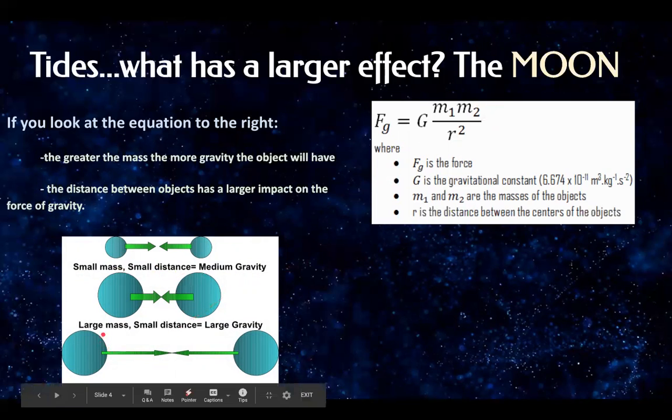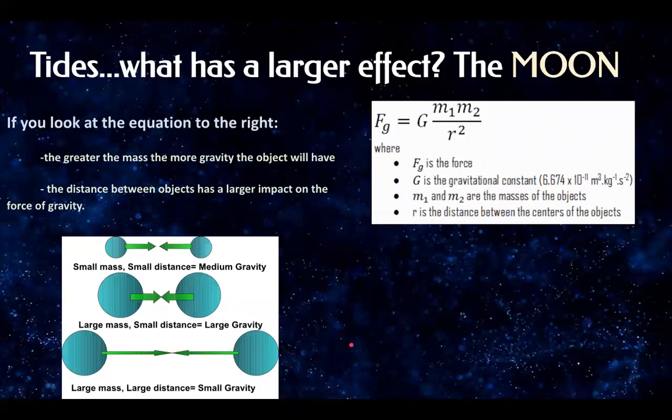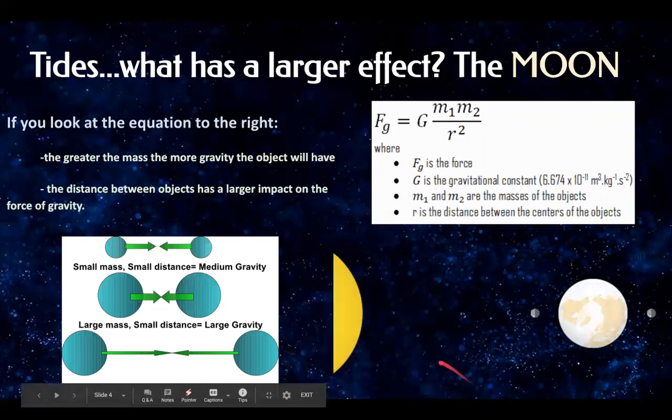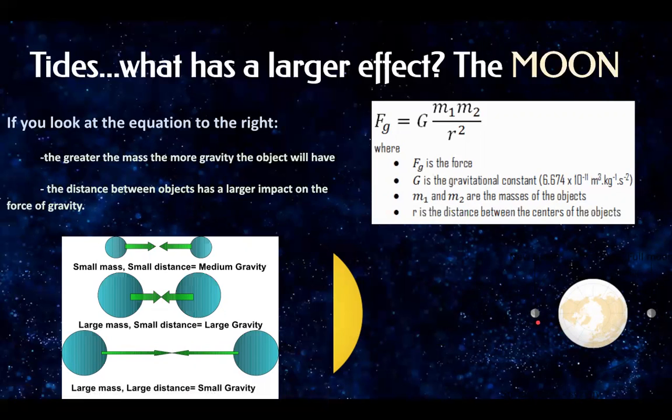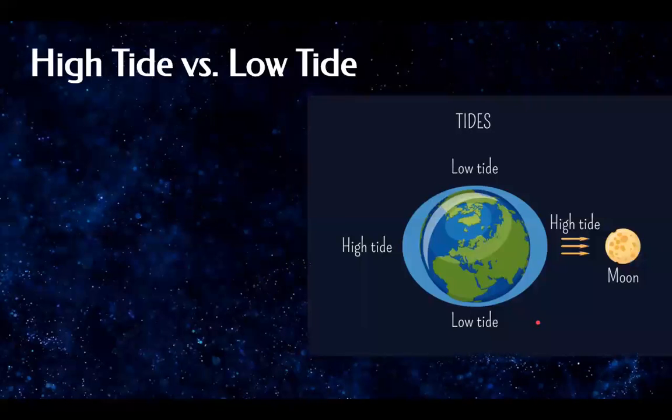If you have a large mass and a small distance, huge gravity. But if you take large masses and you spread them out, that distance plays a larger factor, therefore you have way less gravity. So even though the sun is way bigger, the moon is significantly closer. So the moon has a larger impact on our tides.